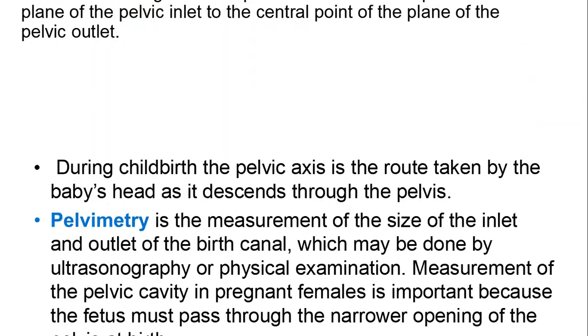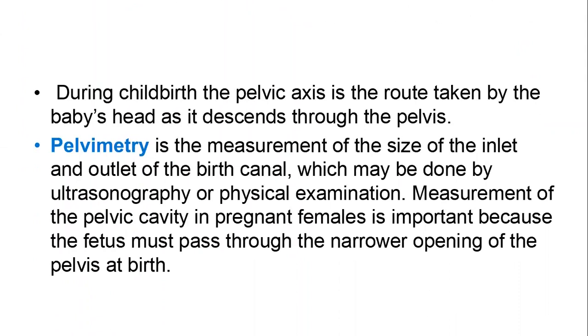So let's see that description on an image. During childbirth, the pelvic axis is the route taken by the baby's head as it descends through the pelvis. And we have this instrument. Pelvimetry is a measurement of the size of the inlet and outlet of the birth canal, which may be done by ultrasonography or physical examination.